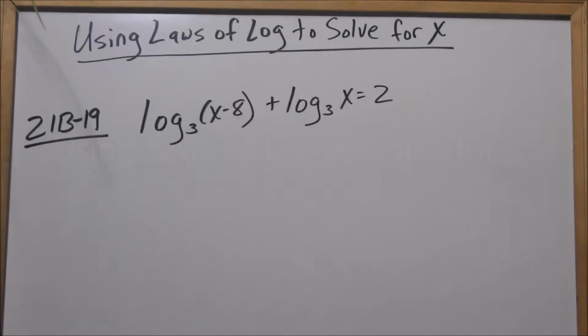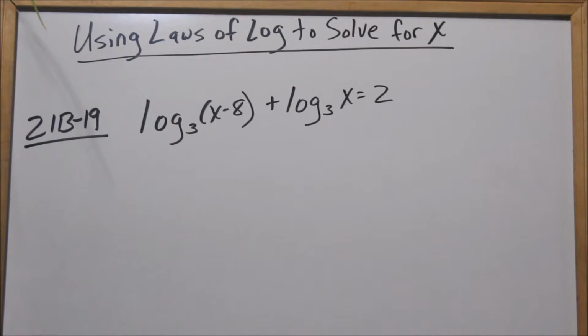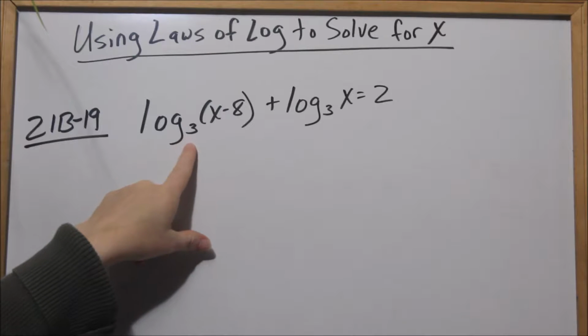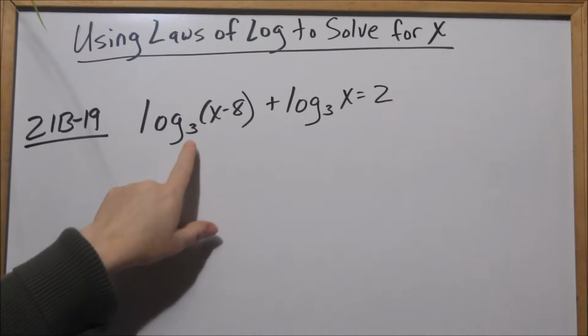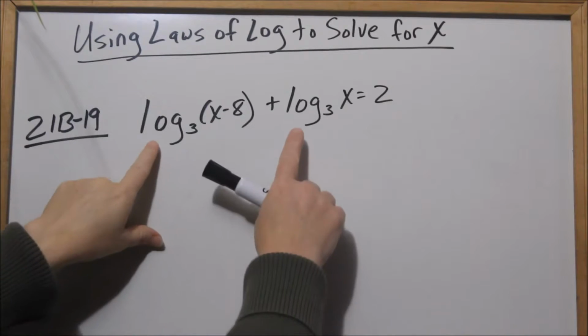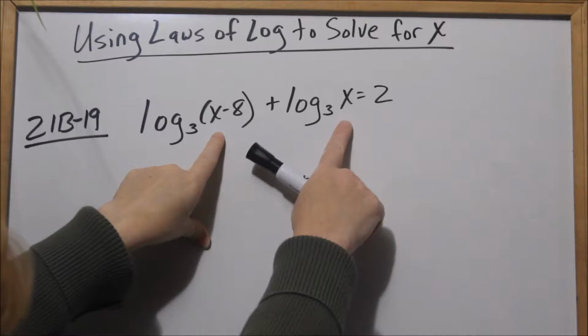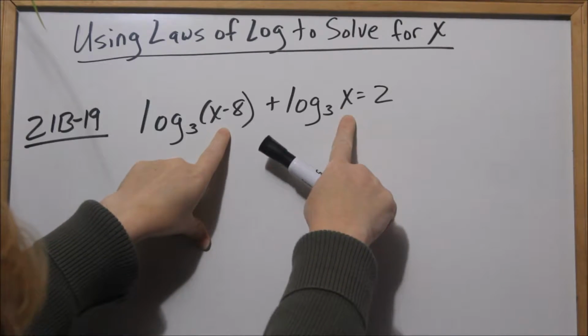Alright, we're going to be using laws of logarithm to solve for x, and we're looking at 21b19. So here we have log base 3 of x minus 8 plus log base 3 of x equals 2. These are the same base. When I'm adding the log of two things, laws of log says I can multiply these two things together.